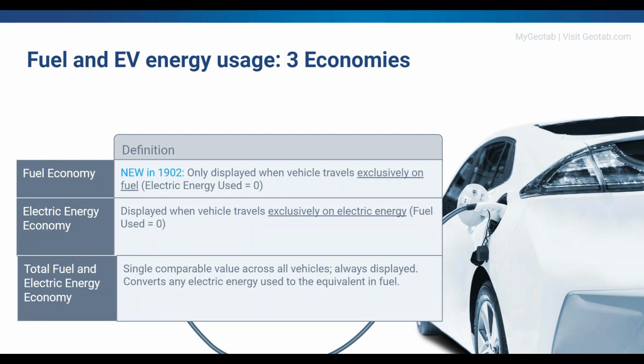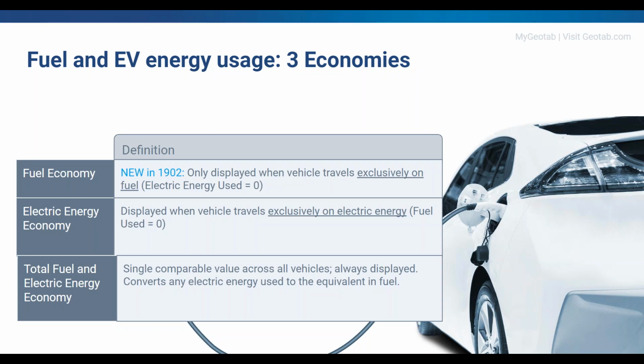So the fuel economy value is the value that exists in the fuel usage report today. New in the MyGeotab 1902 release is that when it is displayed, it's for when the vehicle travels exclusively on fuel. Why did we make that change?